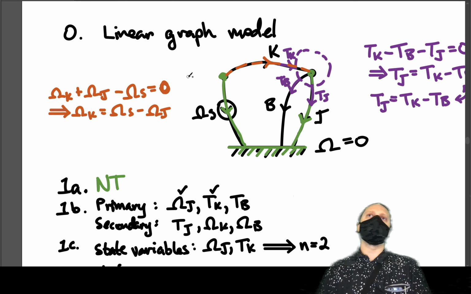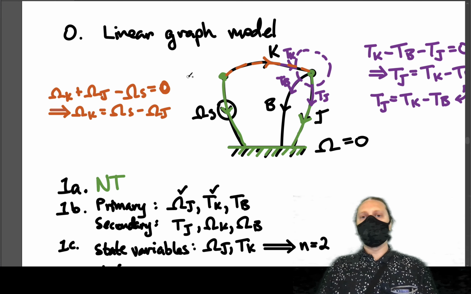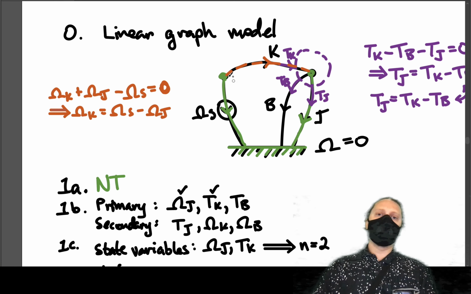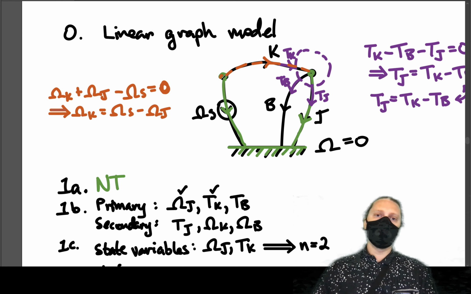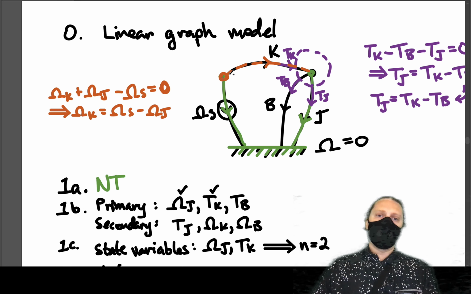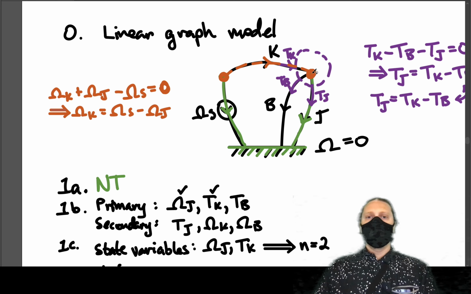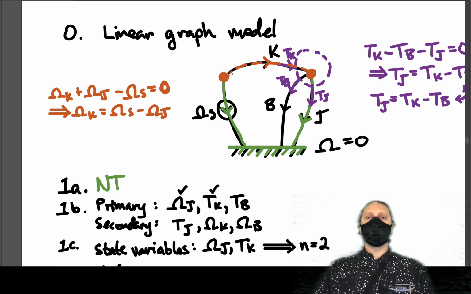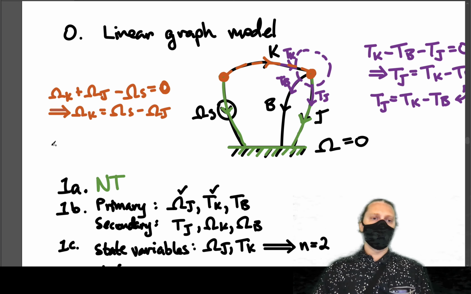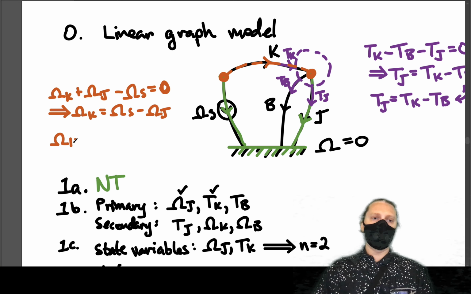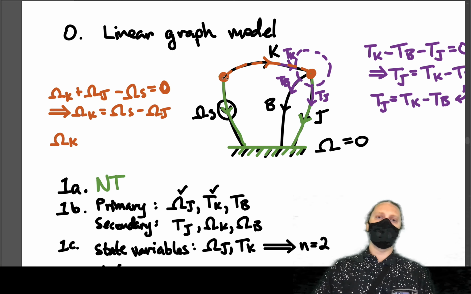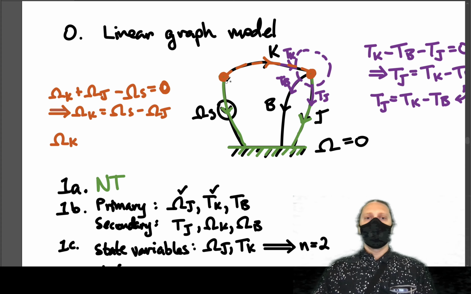Again, there's a sort of shortcut. If you think of these edges or elements as being vectors that take us from the tail node to the head node, so from here to there, if you think of K as being that vector, which we'll represent with omega K, so omega K takes us from here to there.